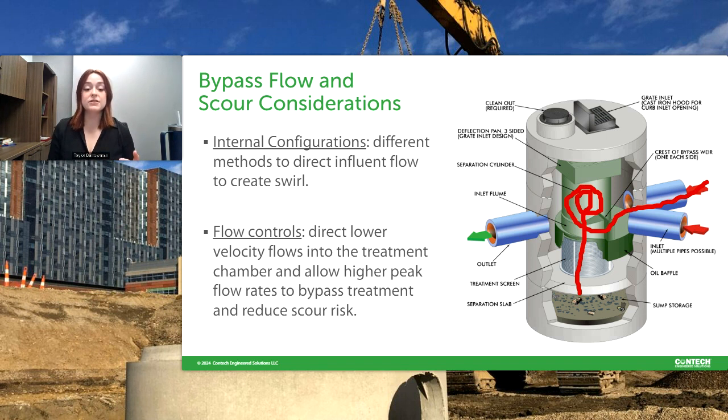So if you see here, this one also has a separation slab in order to really keep that material and all the things that are filtered out separated from the rest of the water that is then cleaned and goes downstream of our systems.